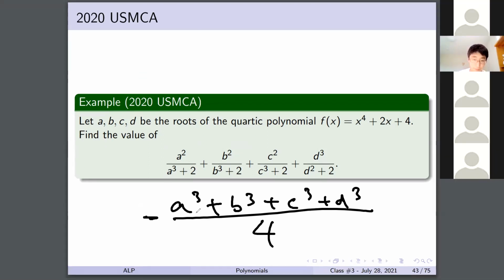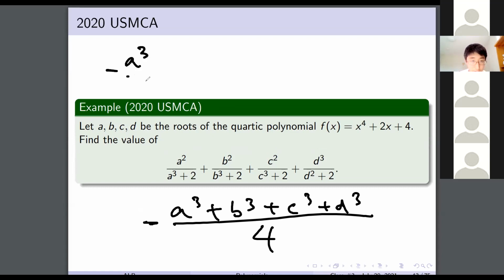So we can look at each of these separately. Negative a cubed, negative 1/4.